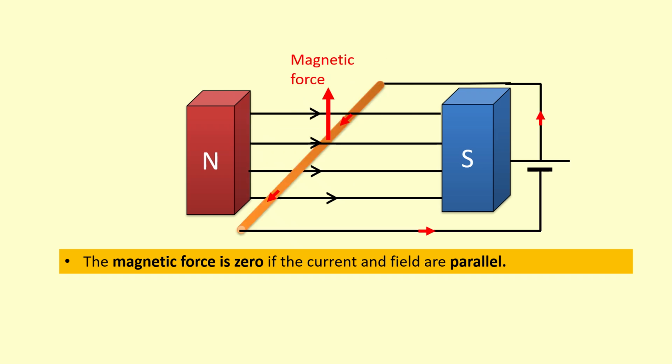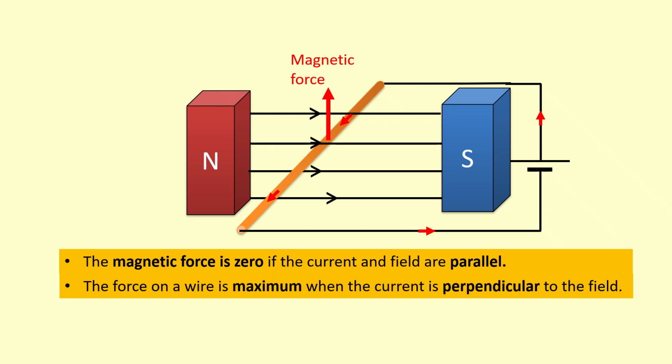However, if we put them 90 degrees to each other like this, so the current is flowing towards us and the field is going towards the right, that's when you get maximum force. If you have an angle in between, then you get some intermediate force. So to get maximum force, you need it perpendicular, in other words, 90 degrees. If the field and the current are in the same direction, you get zero force.